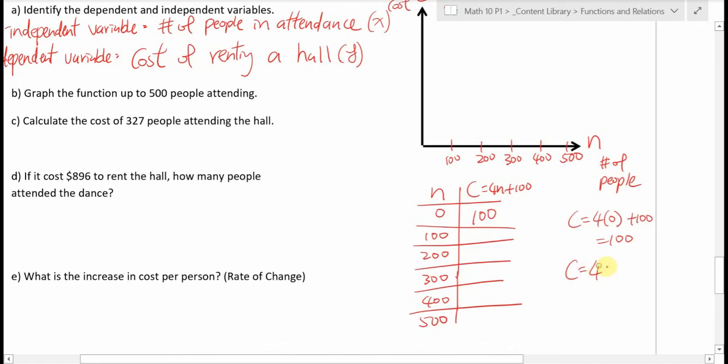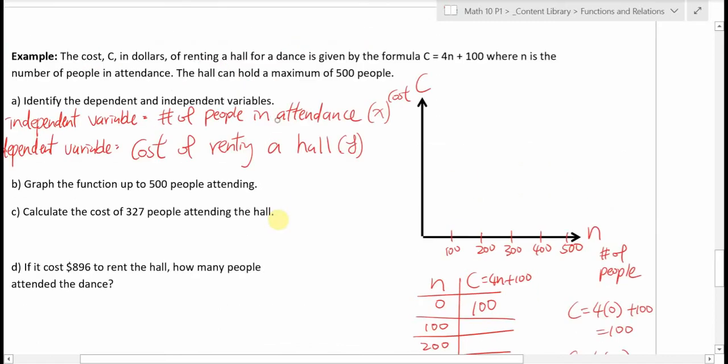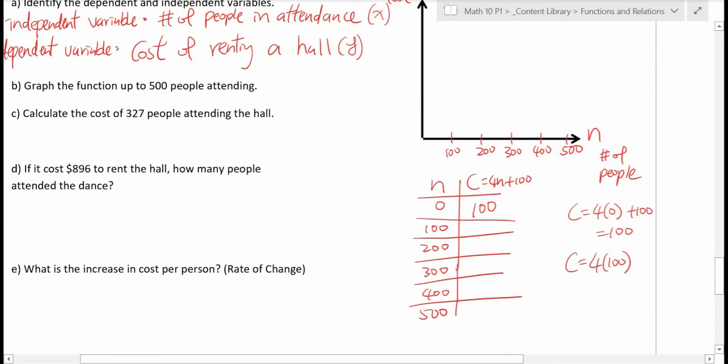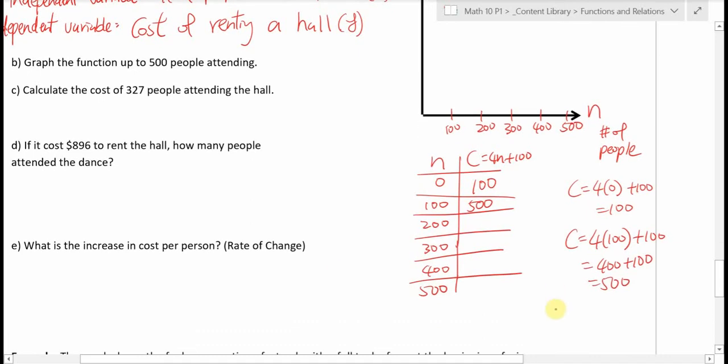If 100 people come to the dance, that will be 4 times 100 plus 100, which is 400 plus 100, or 500. So the cost will be $500. One more: 4 times 200 plus 100 is 800 plus 100, which is $900.